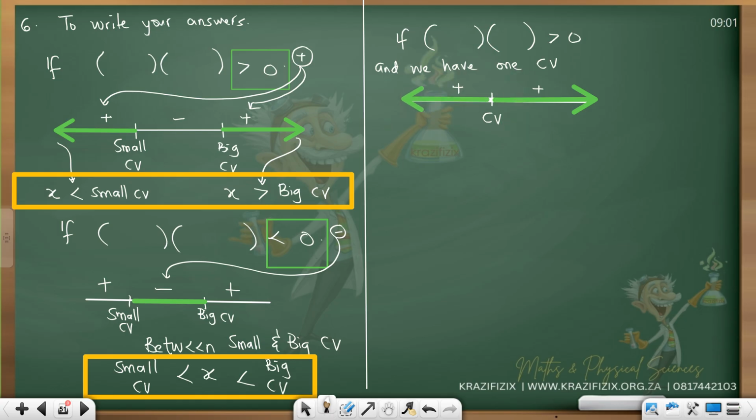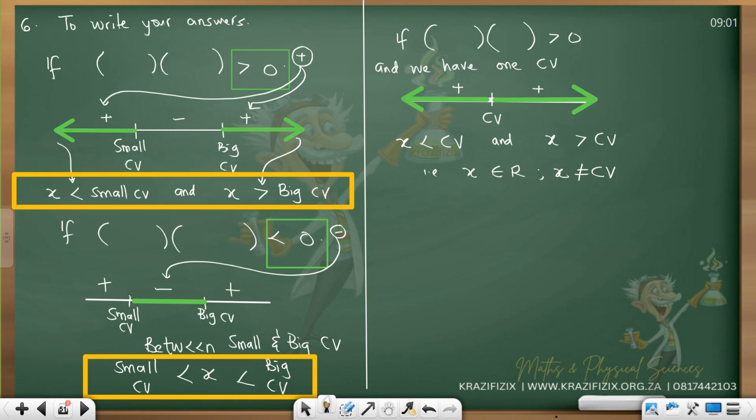So what I'm saying, X is less than that CV and X is greater. This one is not or, it's actually and. All right? And X is greater than the same CV. It means X is an element of real numbers, but X cannot be equal to the CV.